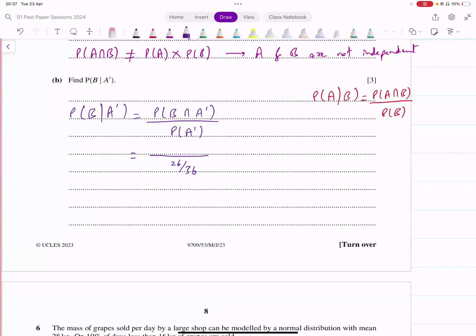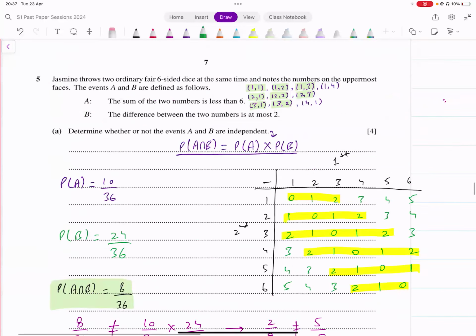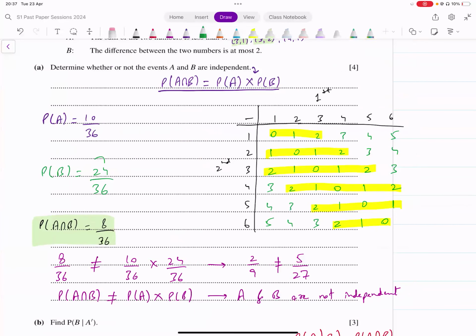In the numerator, it's B and A complement. That B is true and A is not true. How do we think of these cases where B is true and A is not true? We have 24 cases in total in which B is true.